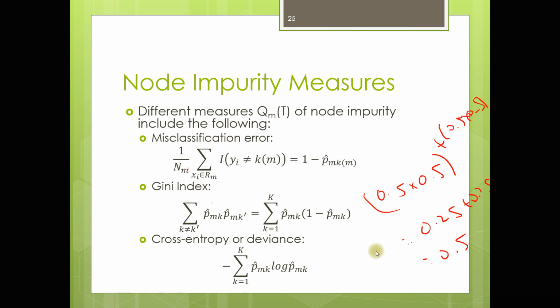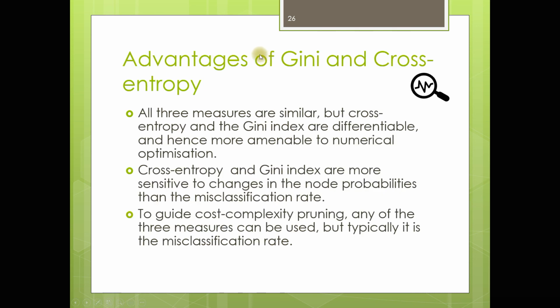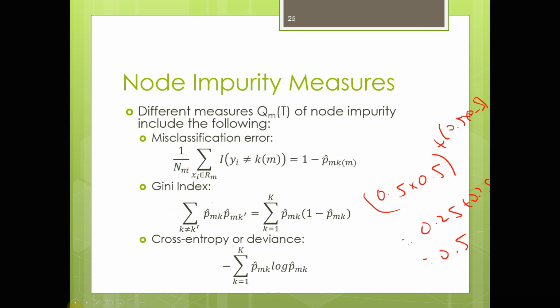So I think that's a little bit what I had to discuss with you in terms of these impurity measures, that is the QMT that we were discussing earlier. The QMT that we were discussing earlier in the regression setting was the minimization of sum of squares, but here our aim is to minimize this error rate.